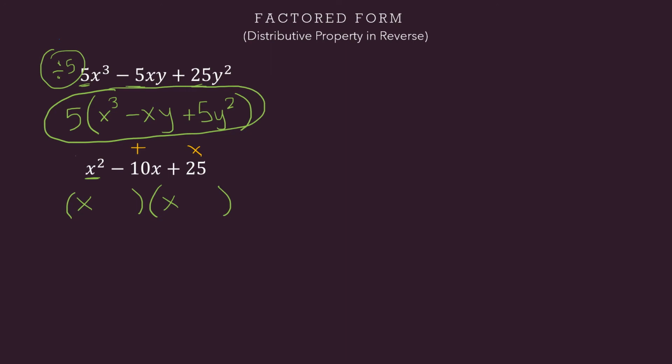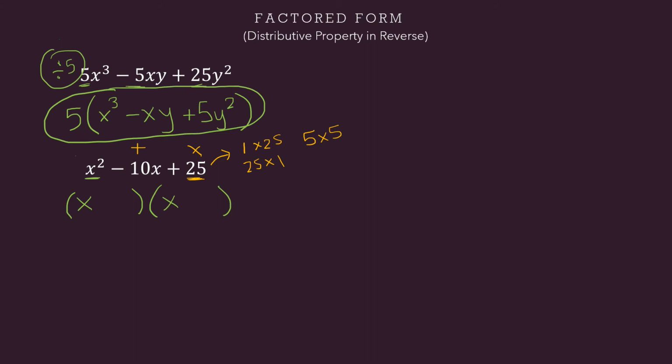But for me, when I'm solving a problem like this, I look at the last term first because it gives me a pretty good idea of what 2 numbers would give us 25. So for instance, 1 times 25, or 25 times 1, or 5 times 5.